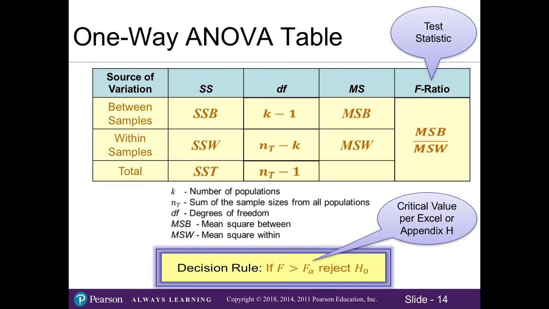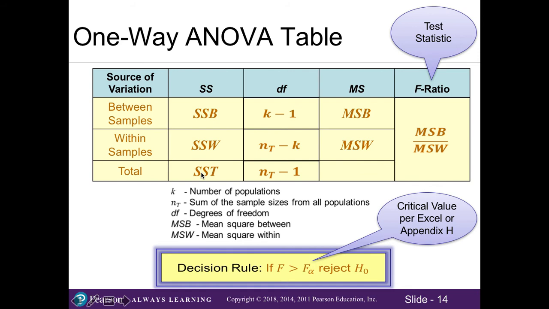Here's how it looks in Excel. Once we run the ANOVA, we get a table of data that we need to understand how to interpret. So here are labels of our variation. It's between samples or between our groups, within samples, within each group, and then the total. So in the second column, this is our sum of squares. This is where we get our SSB, SSW, and SST.